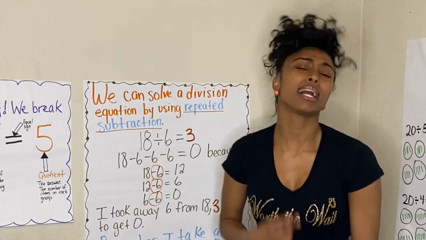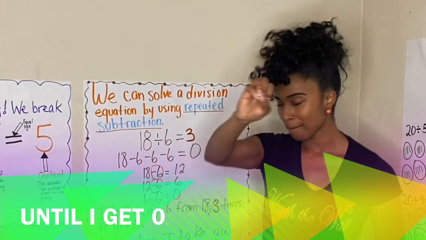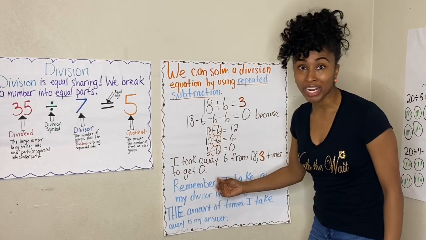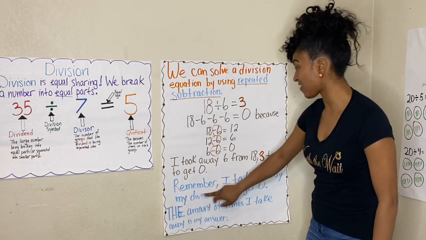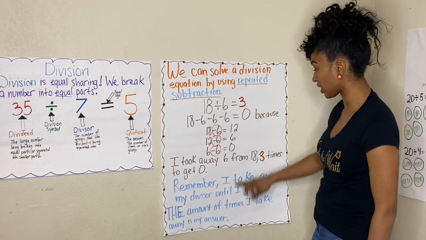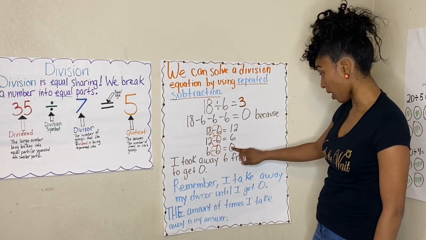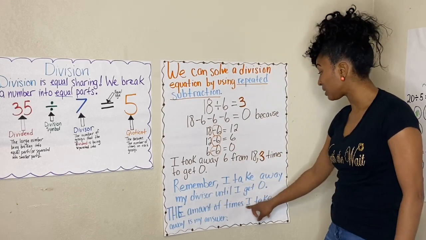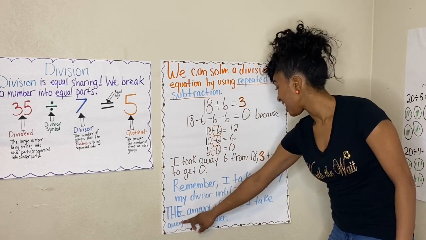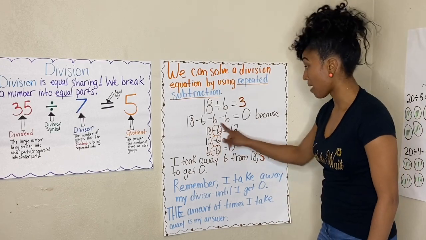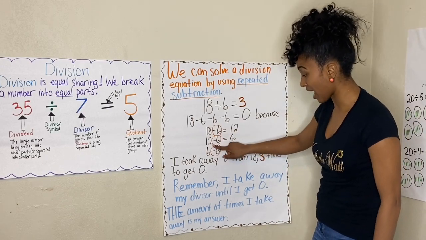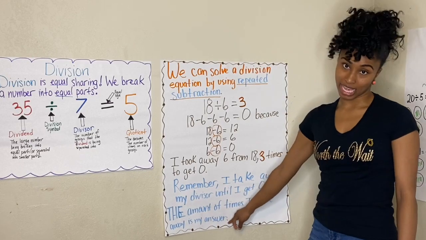Exactly. Remember, I take away my divisor until I get 0. The amount of times that I take my divisor away is my answer.